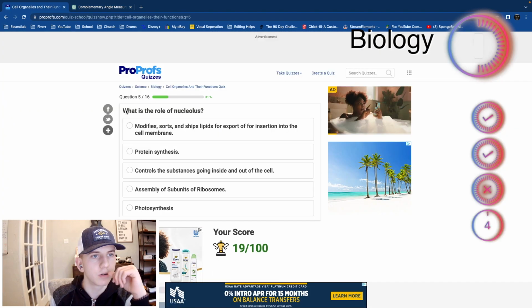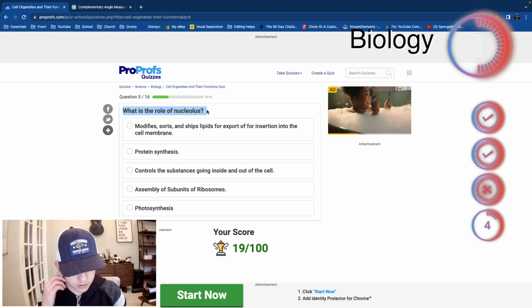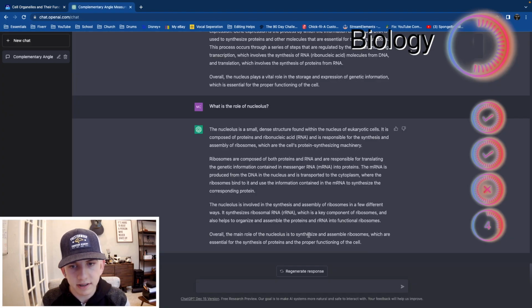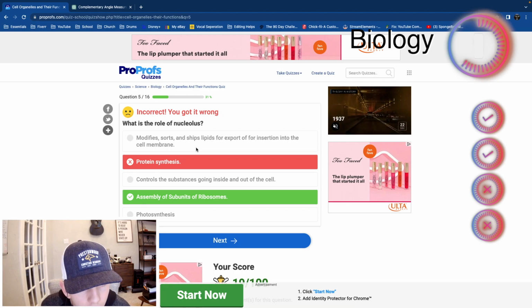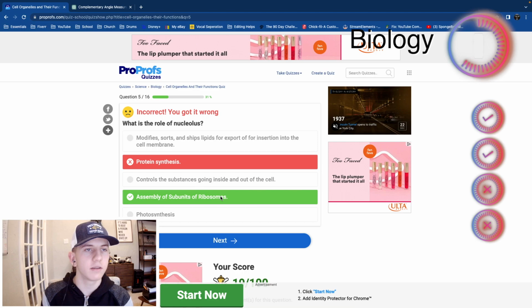Alright, what is the role of nucleolus? Whatever, okay. Overall, the main role is to synthesize and assemble whatever that word is, which are essential for the synthesis of proteins. Synthesis. This looks like... I should have known that, you know, whatever.